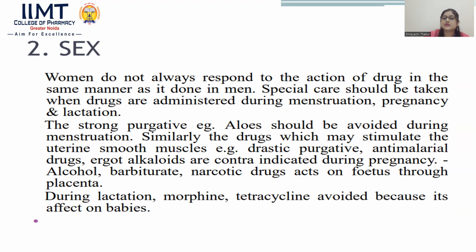Similarly, drugs which may stimulate the uterine smooth muscle, for example drastic purgatives, anti-malarial drugs, and ergot alkaloids, are contraindicated during pregnancy. Alcohol, barbiturates, and narcotic drugs also act on the fetus through the placenta. During lactation, morphine and tetracycline are also avoided because they have a very bad and harmful effect on babies.